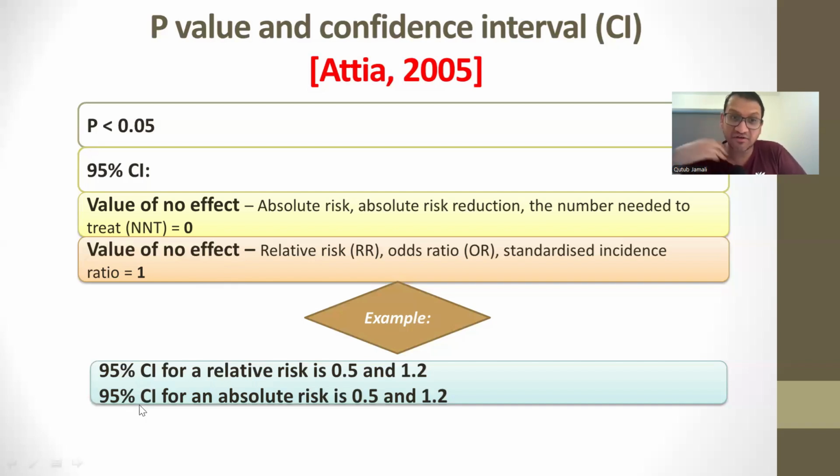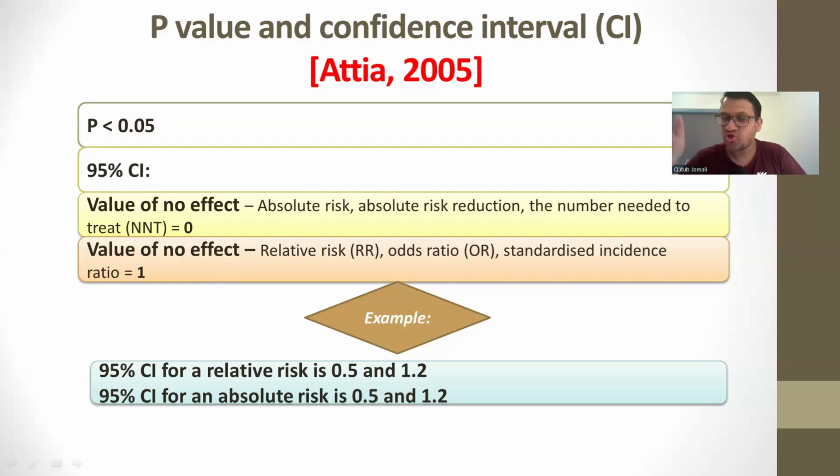Now let's take another example. The 95% confidence interval for an absolute risk is 0.5 and 1.2. Okay. Now for absolute risk, the value of no effect is 0. Okay. Now let's have a look. Does 0 lie between 0.5 and 1.2 in absolute risk?